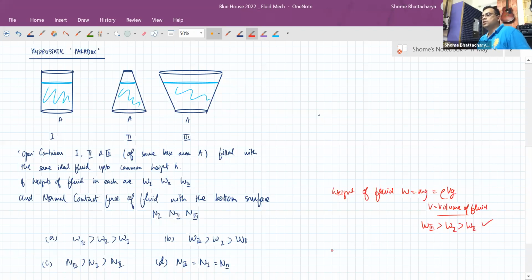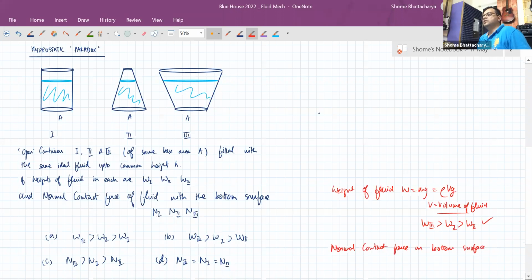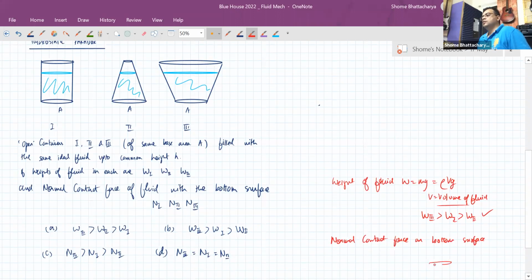But when we talk about normal contact force on the bottom surface, then you should understand that this is experiencing a normal force which is equal to the pressure into area, and that too the hydrostatic pressure, because we are considering what force the liquid is applying.